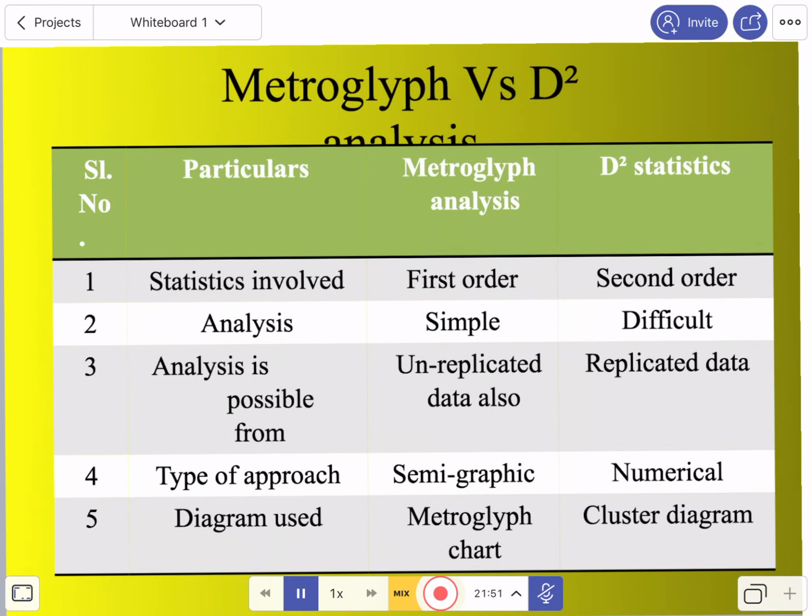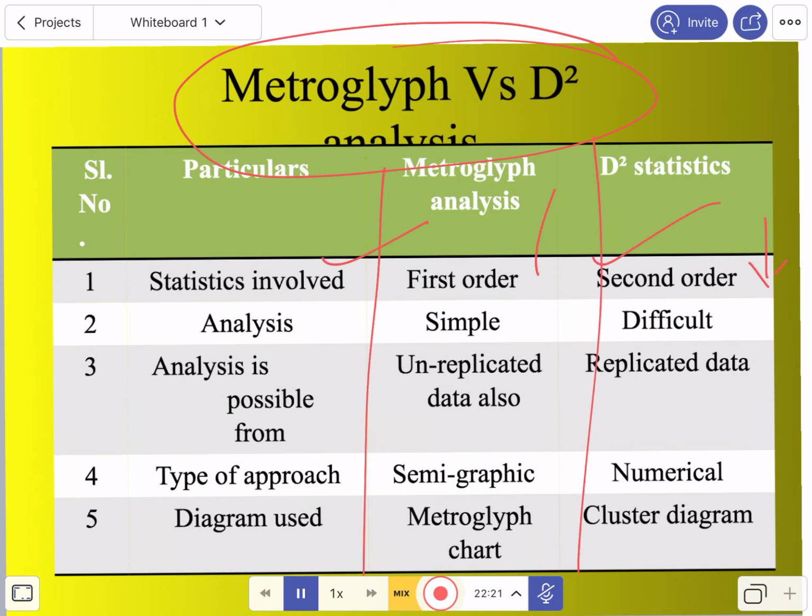Now, this is the difference between Metroglyph and d-square statistics analysis. Both are genetic diversity analysis methods, both used for the assessment of genetic variability, and there are some differences as well. In Metroglyph analysis, the statistics involved is first order, while in d-square it is second order statistics, and that is why it is not that reliable.